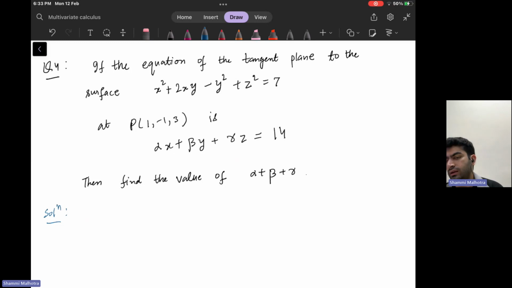So to find the equation of the tangent plane, as we saw in our theory, we evaluate it with the help of the gradient.